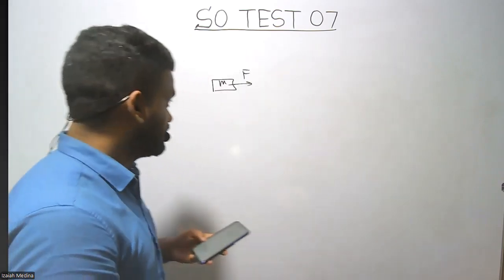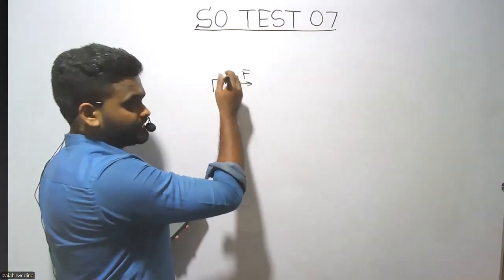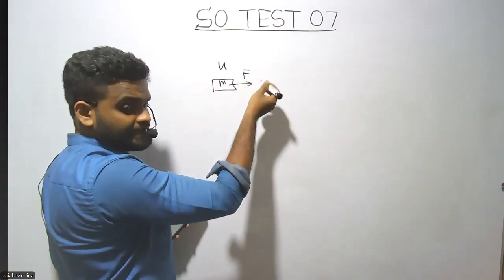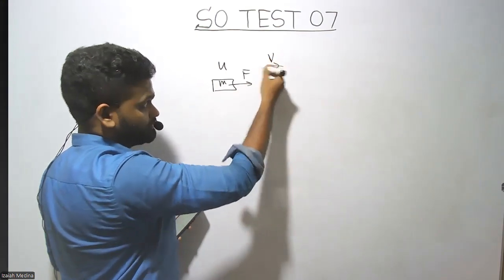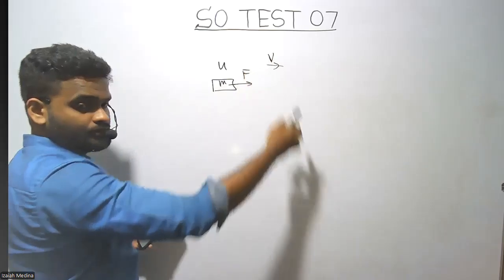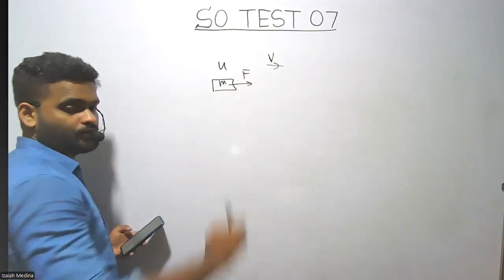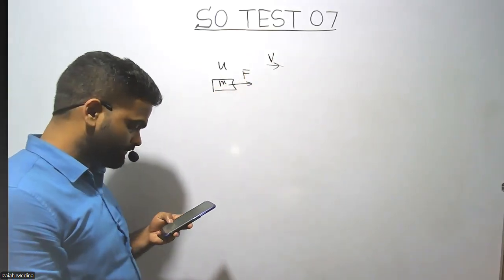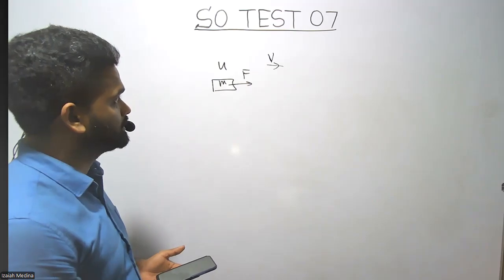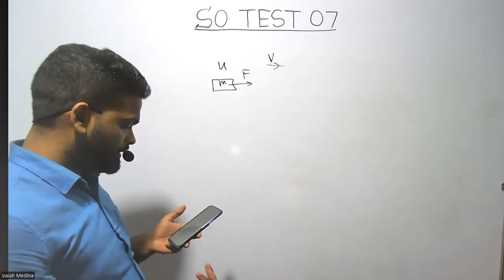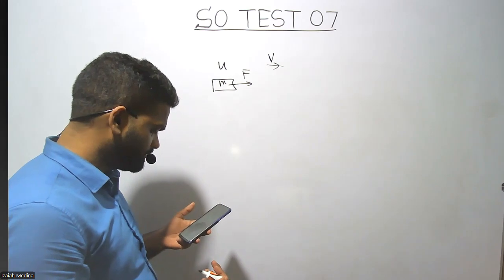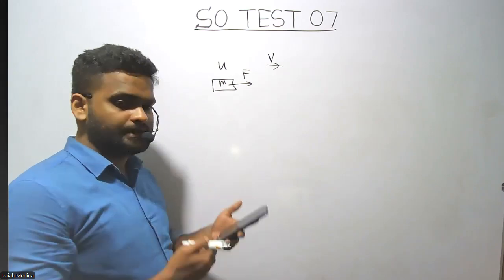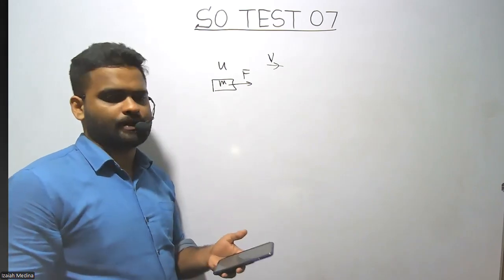Right. Due to this net force, let's say it had an initial velocity u, but it increased to v. It accelerated to velocity v due to this unbalanced force. Okay, so that is the case. Regarding all these, you just have to think about an equation there.